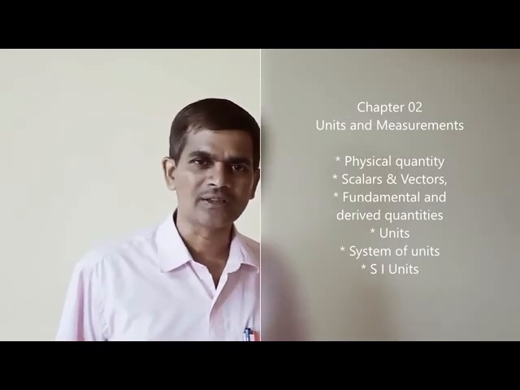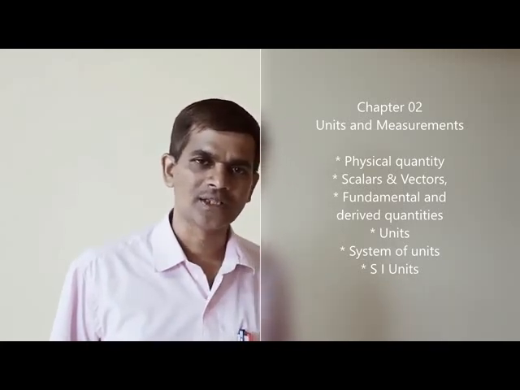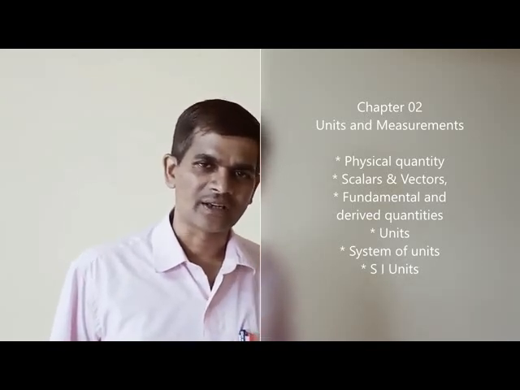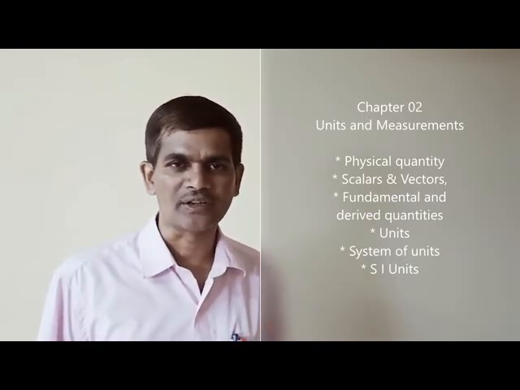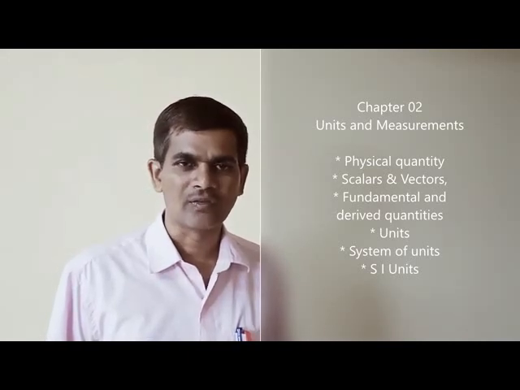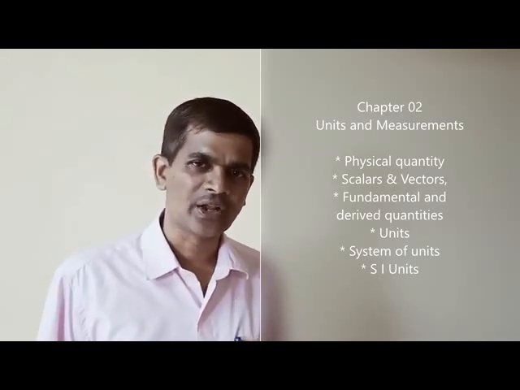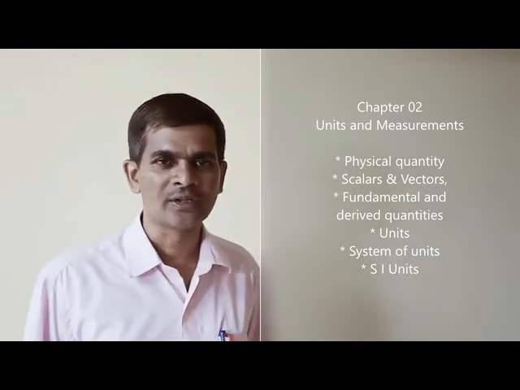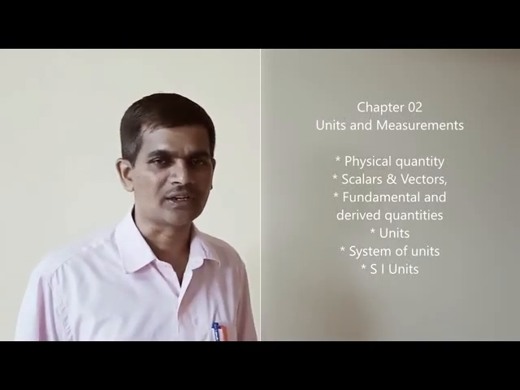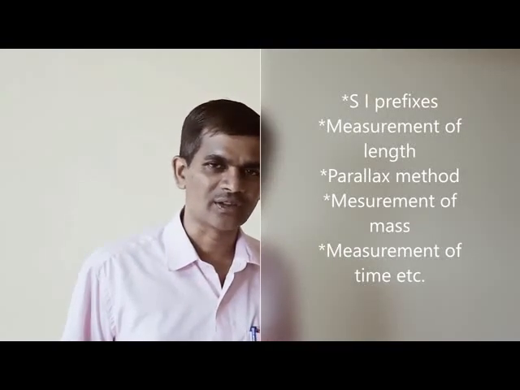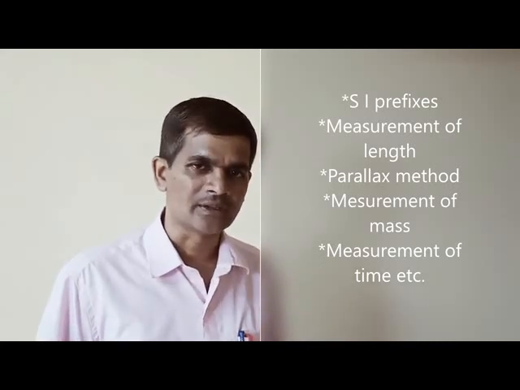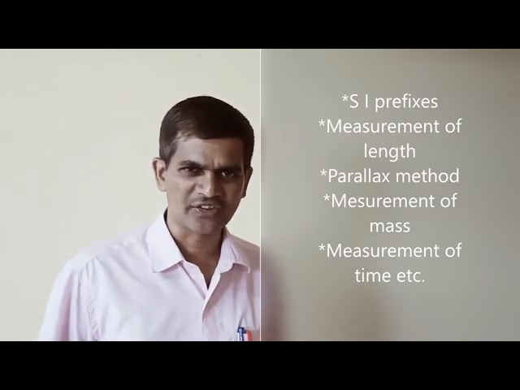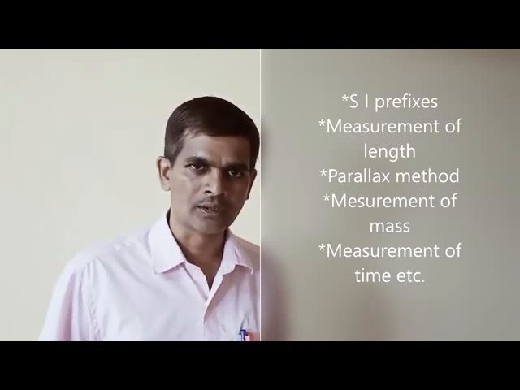Let us recall what we studied in this chapter. First we studied physical quantities, and there are types: vector and scalar, fundamental and derived quantities. Then units: fundamental units, derived units, and systems of units. We studied the SI system in detail and the SI prefixes we use. Then we studied how to do measurement. For long distance measurement we follow the parallax method.